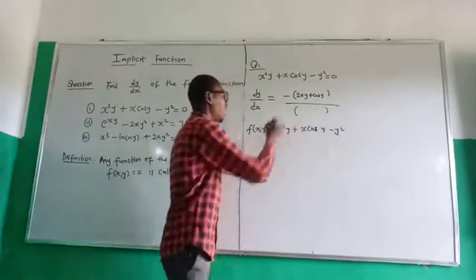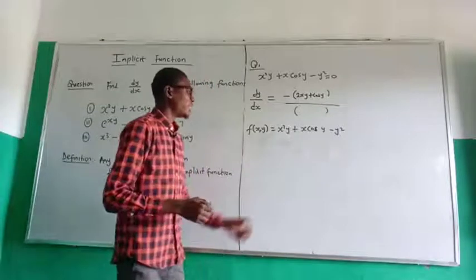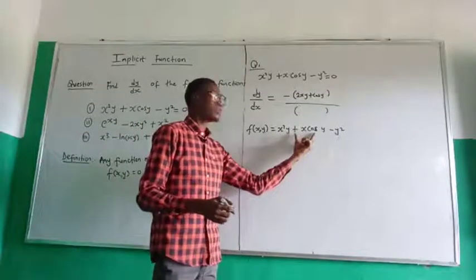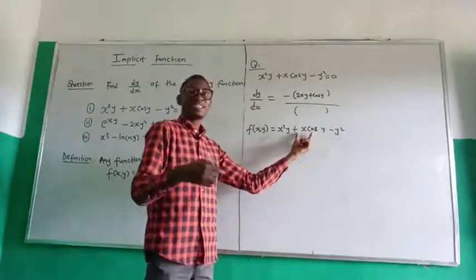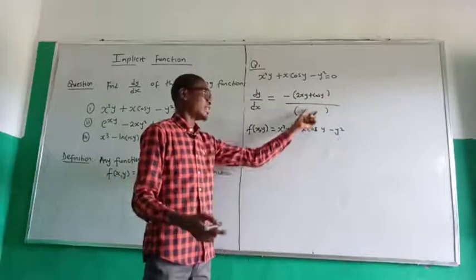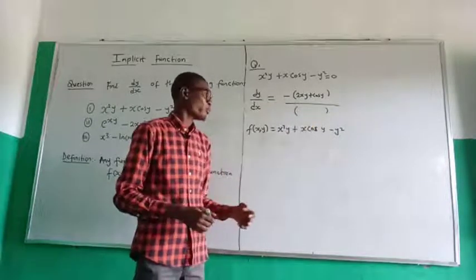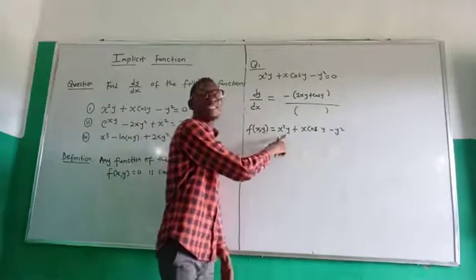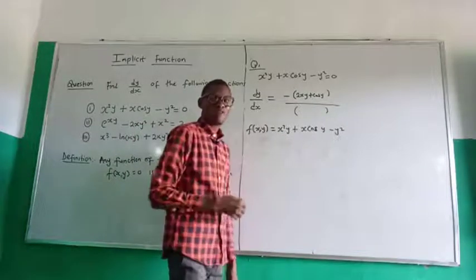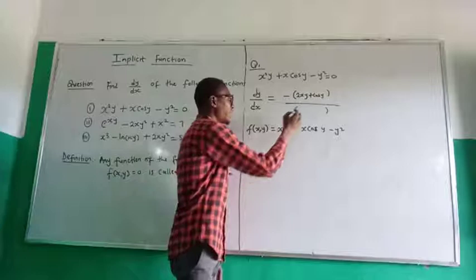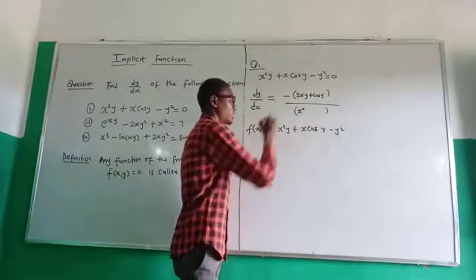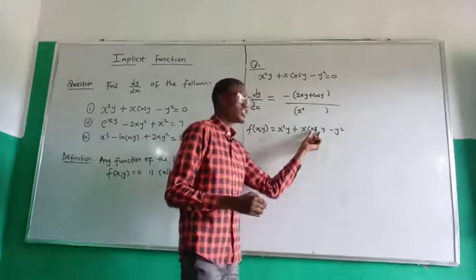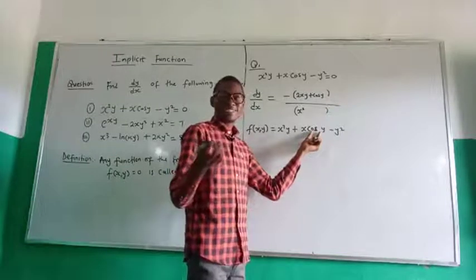Okay, now to the denominator part. I told you that you have to differentiate this one with respect to y and keep x as constant to get this denominator function. Now you have y in this place. When you differentiate y, you have 1. 1 multiplied by x squared, that's x squared. When you differentiate cos y, you have minus sin y.